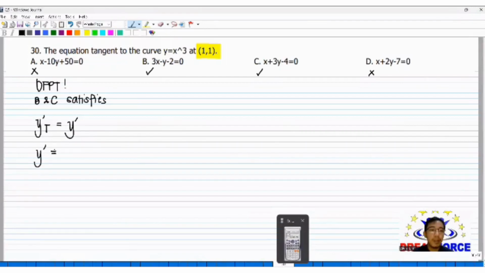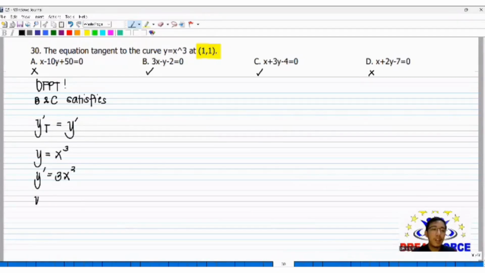So hanapin natin yung y prime, by deriving. Given yung y is equal to x cubed, i-derive lang natin, y prime is equal to 3x squared. Then hanapin natin yung kanyang slope, that is 3 times yung x, so 1 squared. Ang slope niya ay 3.